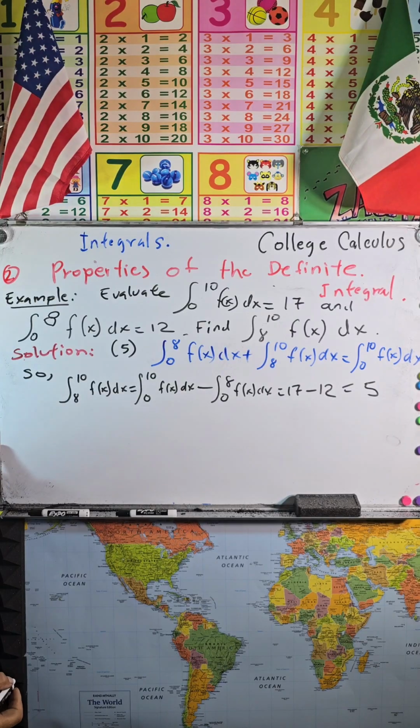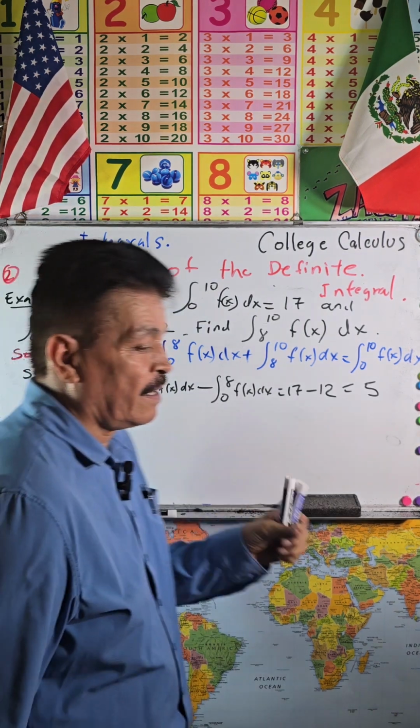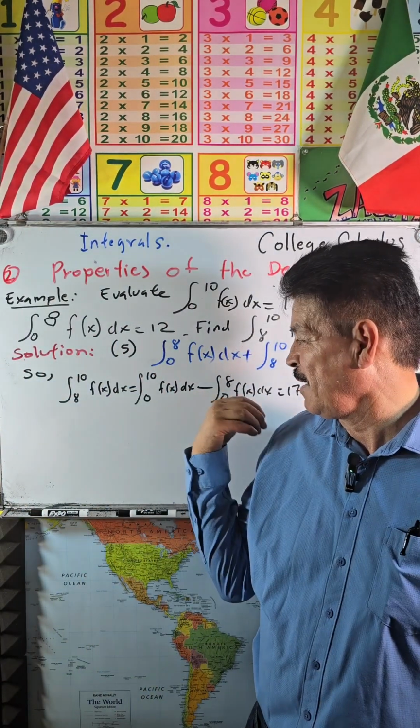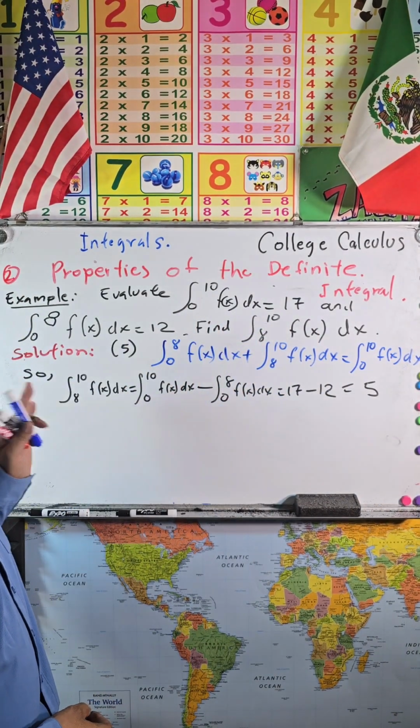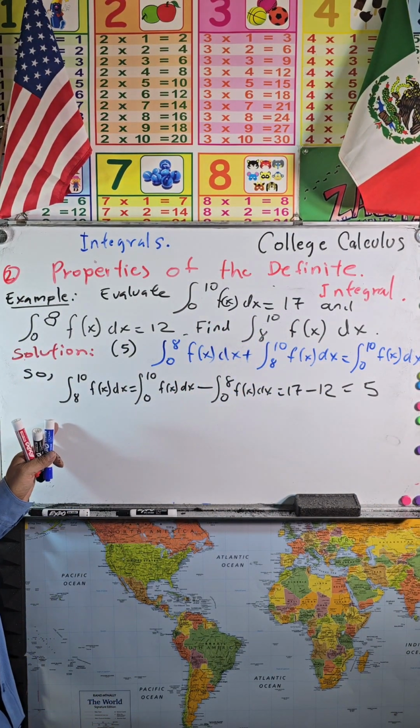That's it. So that's the solution. That is very, very simple in this problem. We already finished. Just apply property number 5. Okay, that's it for this problem.